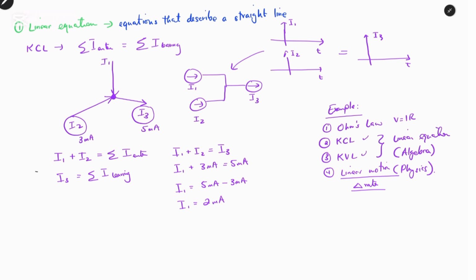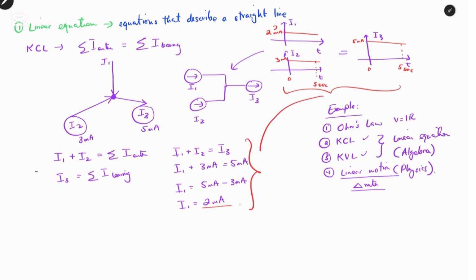We have I1, which is unknown, and I2, which is 3 milliamps from, let's say, 0 to 5 seconds, and we measure the output, which is 5 milliamps from 0 to 5 seconds. Then we know that I1 is now 2 milliamps. So we can plot 2 milliamps in this region. This graphical representation is now referring to this equation.